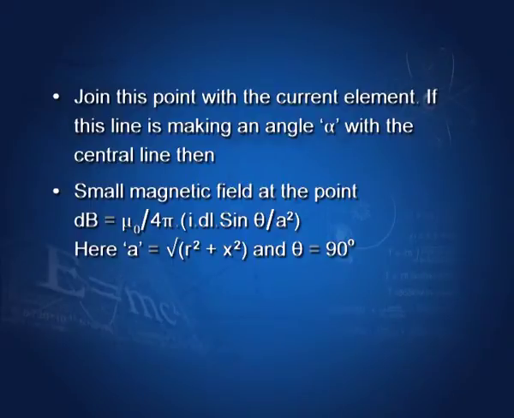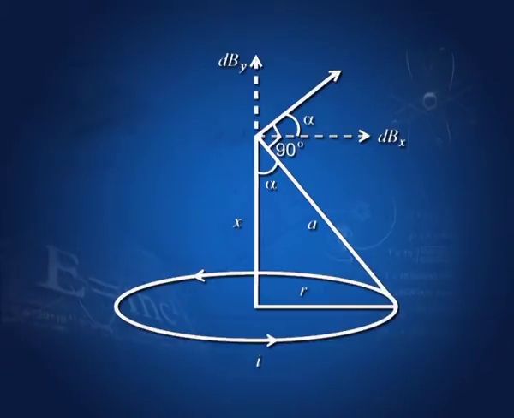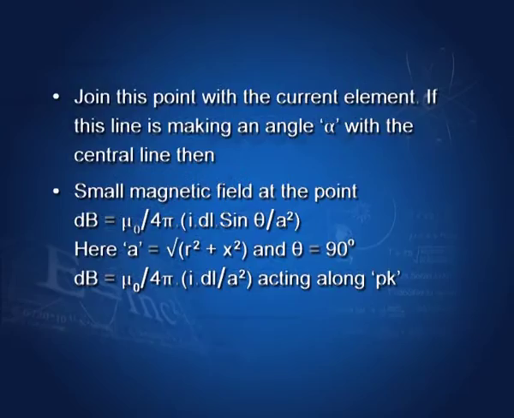Here a is equal to under the root r square plus x square, and theta is equal to 90 degrees because the current element is tangential to the line joining the point P with the current element. So, substituting the value of sin theta, we get dB equals mu naught upon 4 pi, I dl divided by a square. This magnetic field is acting along the direction PK.